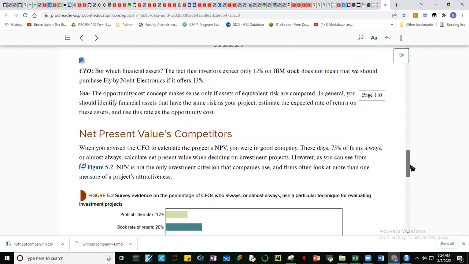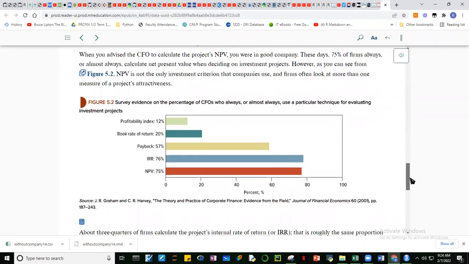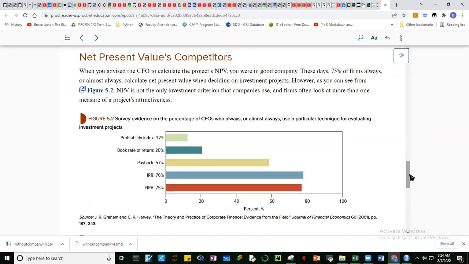Before we have an example, here you have what CFOs, Chief Financial Officers, use in evaluating projects. We notice that almost tied is 76% IRR and 75% NPV. So both are very popular among CFOs.